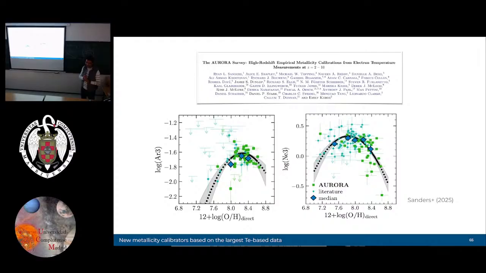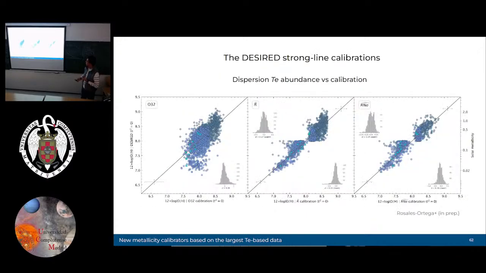Fabian, I understood that you included in your sample a few galaxies at Z about 3, is that correct? Yeah. And they were in the middle of the different plots with average values. Why did you decide to include such a small amount of objects at a given redshift? What do they contribute? Because our principle is that we include every region with auroral lines which fulfill our selection criteria.